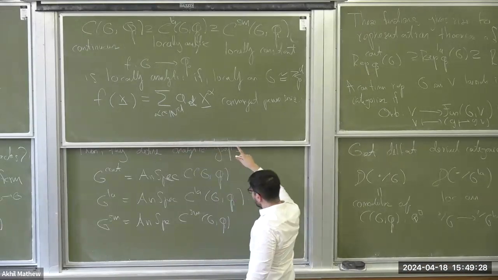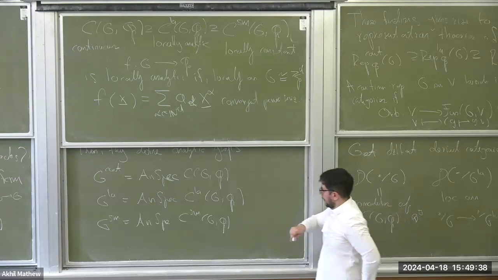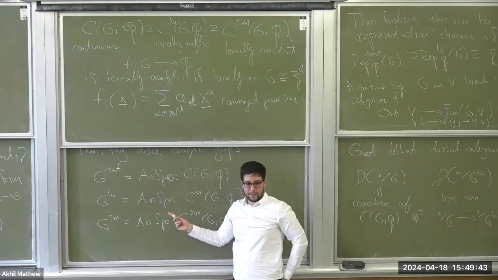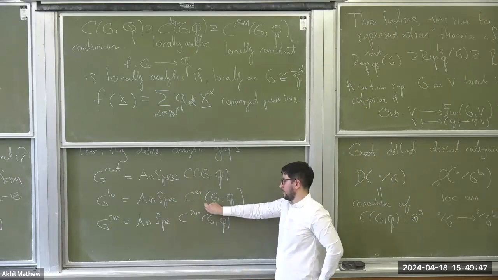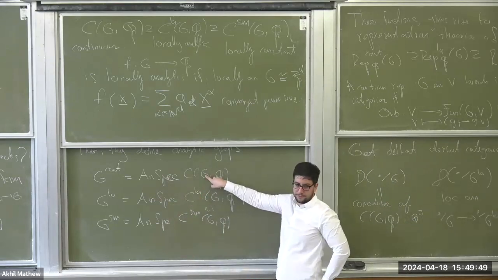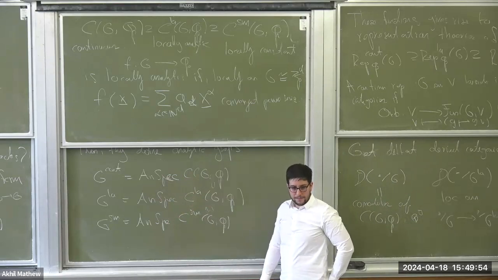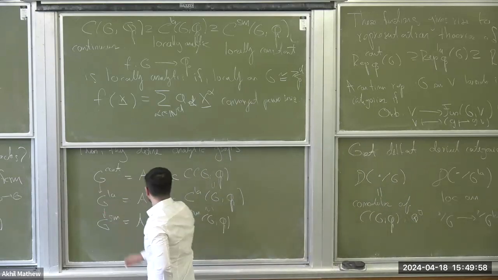So you have three groups, and what are the maps? Yes, so because these ones come from algebras, the maps correspond to arrows in the direction of the algebras. And this tells you that any smooth function is locally analytic and any locally analytic function is continuous. So it's just the inclusion, with the map going the other way.